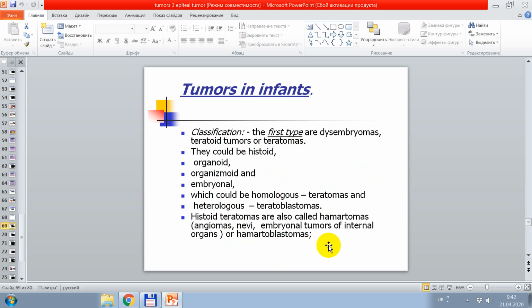Classification of tumors in infants. The first type is dysembryomous, teratoid tumors or teratomas. They could be histioid, organoid, organismoid, and embryonal, which could be homologous teratomas and heterologous teratoblastomas. Histioid teratomas are also called hamartomas, angiomas, nevi, embryonal tumors of internal organs, or hamartoblastomas.